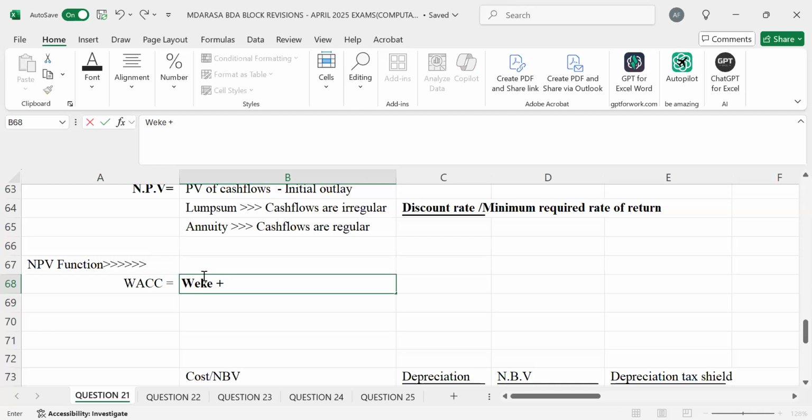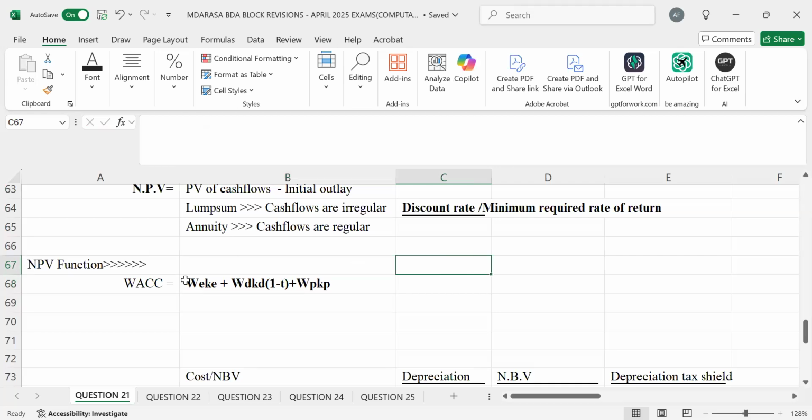We add the weight of debt times the cost of debt, which should be the after-tax cost of debt. We add the weight of preference shares times the cost of preference shares, KP. So this gives us the combined cost of raising these funds to finance our project.